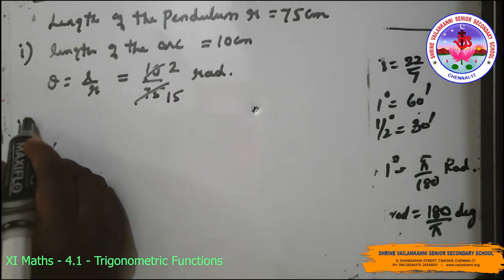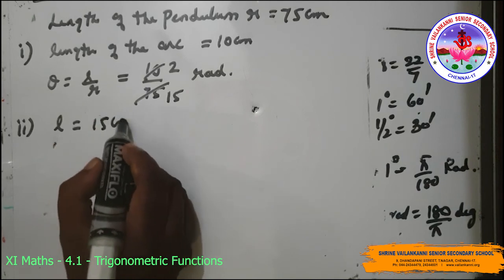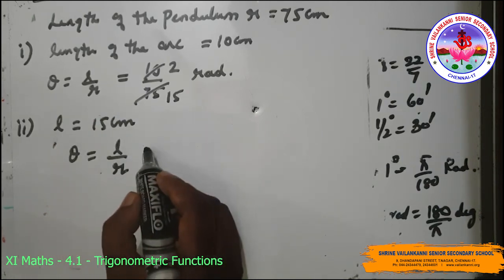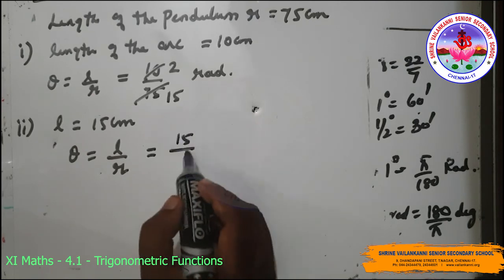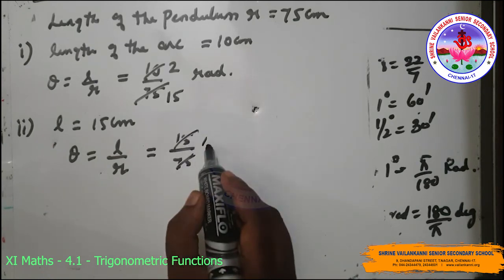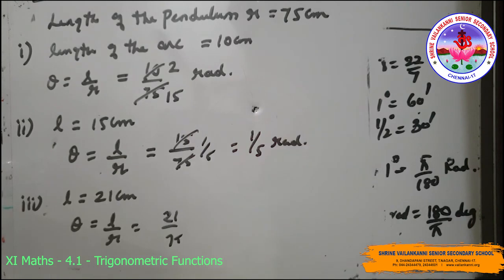So second part, it's given length of the arc L equal to 15 centimeter. So using the relation theta equal to L by R, L is 15 and R is 75 centimeter. So which is equal to 1 by 5 radians. Third part, L equal to 21 centimeter.